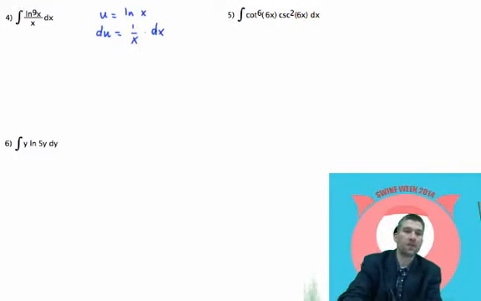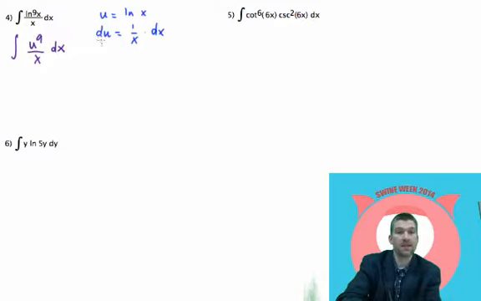So when we substitute what we know into this problem, I'm going to end up with u to the 9th, because that's the natural log, u to the 9th, over x times dx. Well, remember, this is 1 over x times dx, and that's the same thing as du. So I'm actually integrating u to the 9th du.